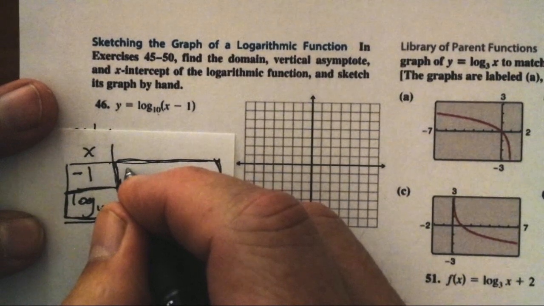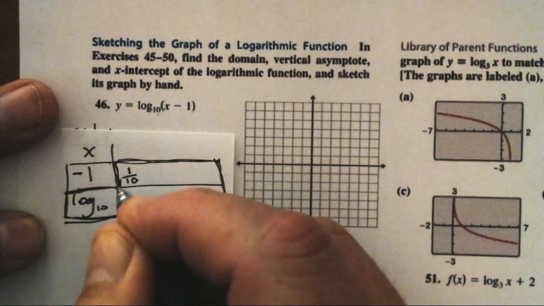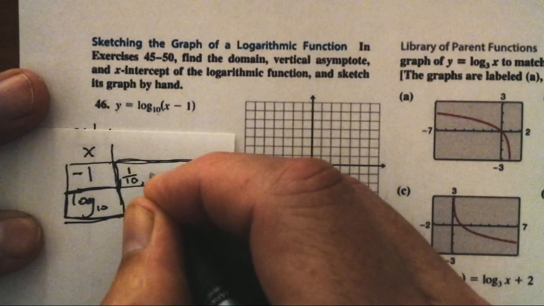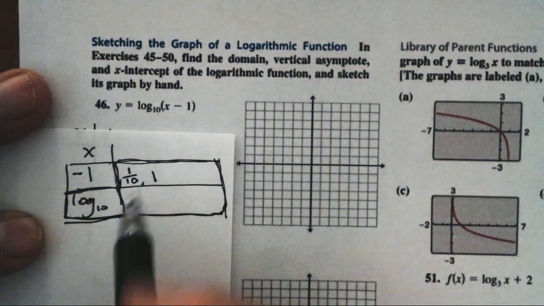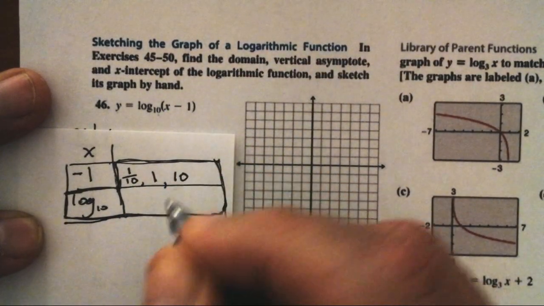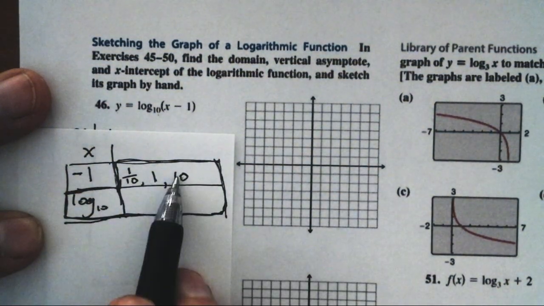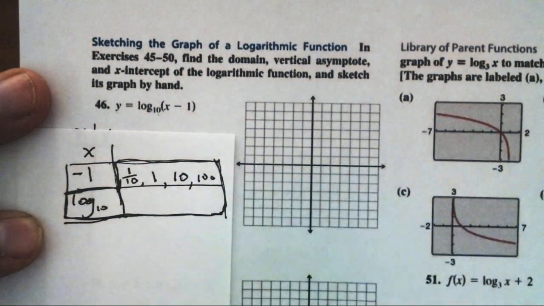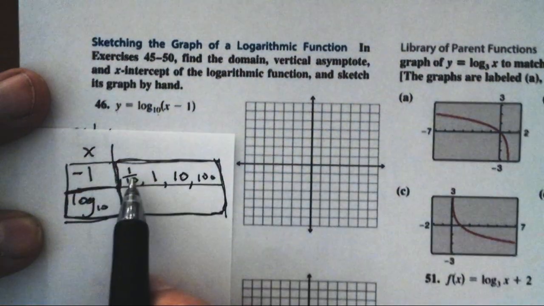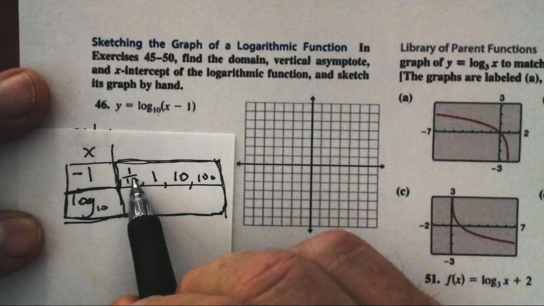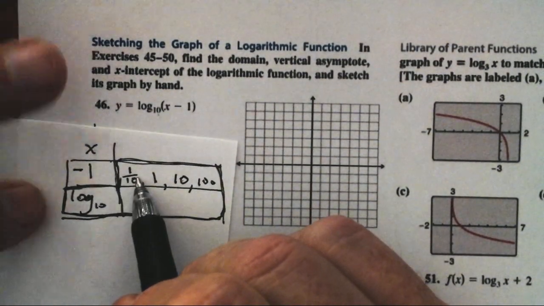You'll see what I'm doing here. 1/10 is maybe not the most convenient power of 10, but it is most definitely a power of 10. 10 to the negative first is 1/10. 1 is a power of 10. 10 to the 0th is 1. 10 is a power of 10. 10 to the first is 10. And I can put 100 here. 100 is a power of 10. I could put 1 over 100. Okay, so then after I get to this spot, you'll follow what I'm doing here.